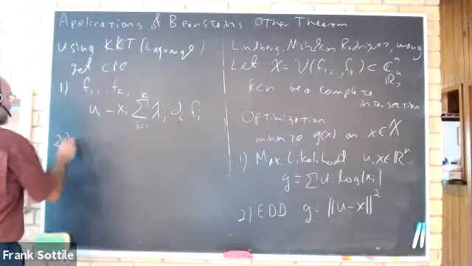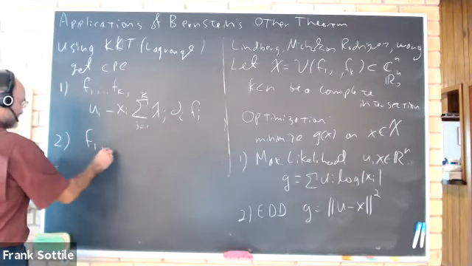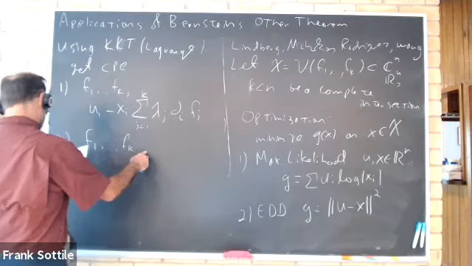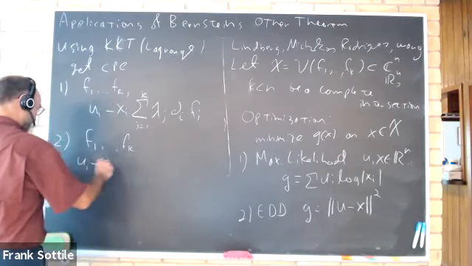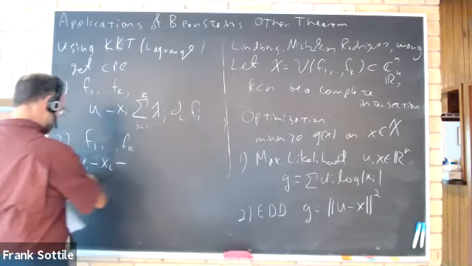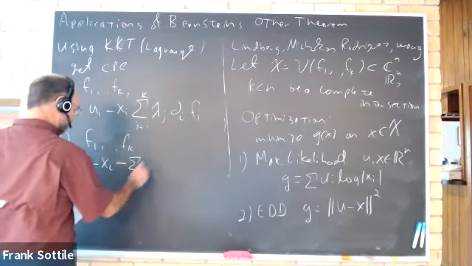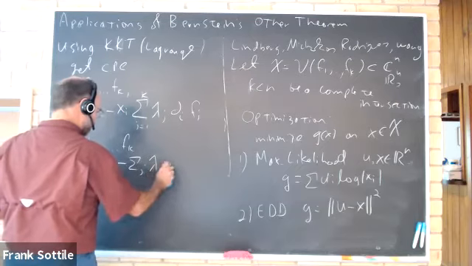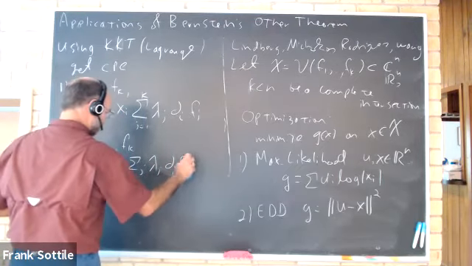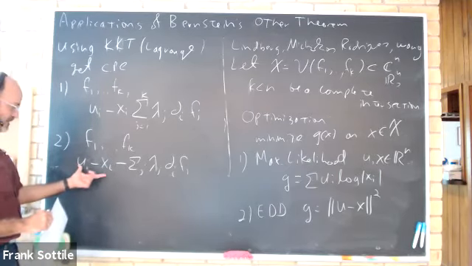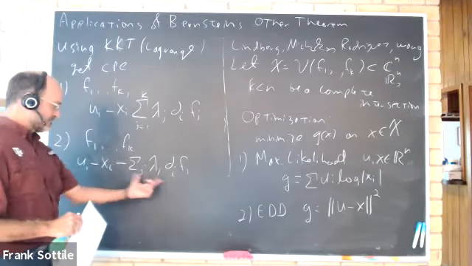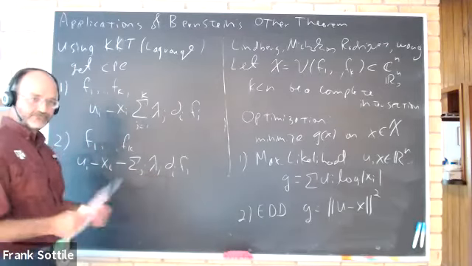The second one, for Euclidean distance degree, is a little bit easier. It's the same. First, you need to be on the variety, and then you have equations of the form u_i minus x_i minus the sum over j of lambda_j times the ith derivative of f_j. Again, this vector from your fixed point to a point on the variety lies in the span of the differentials.